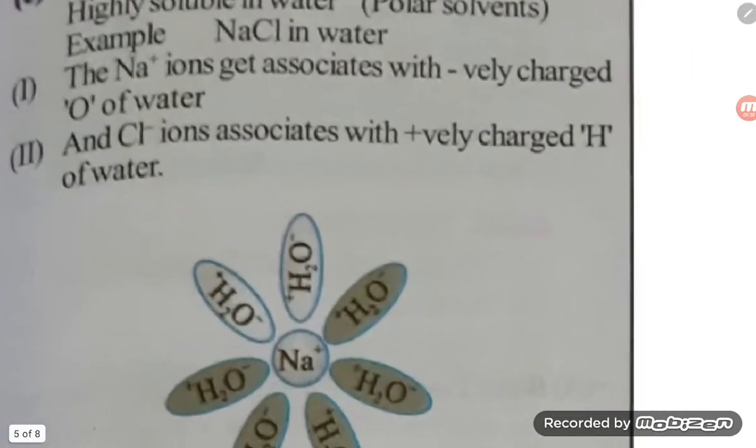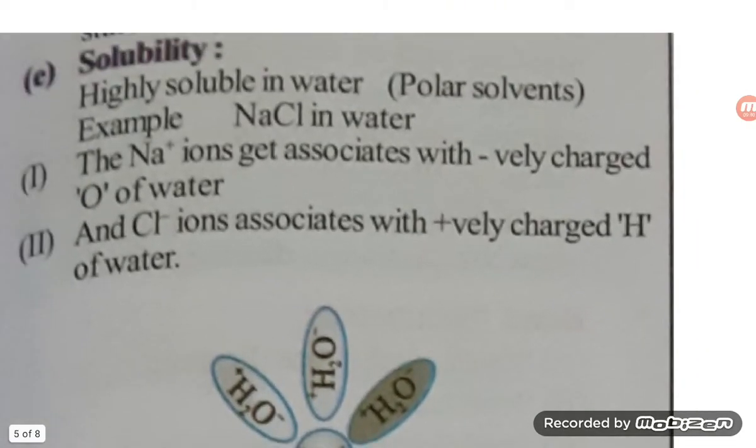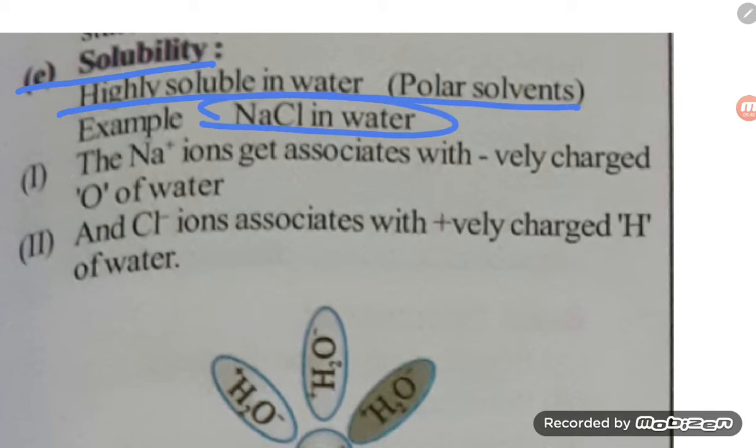Next, solubility. Ionic compounds are highly soluble in water, a polar solvent. NaCl is more soluble in water. The Na+ ion gets associated with the negatively charged oxygen atom.